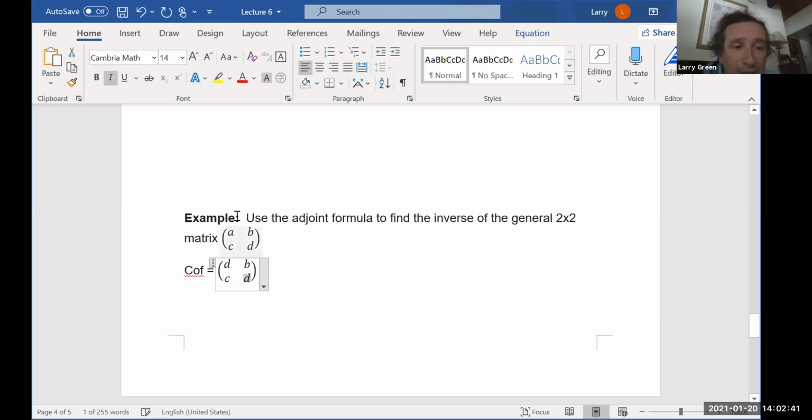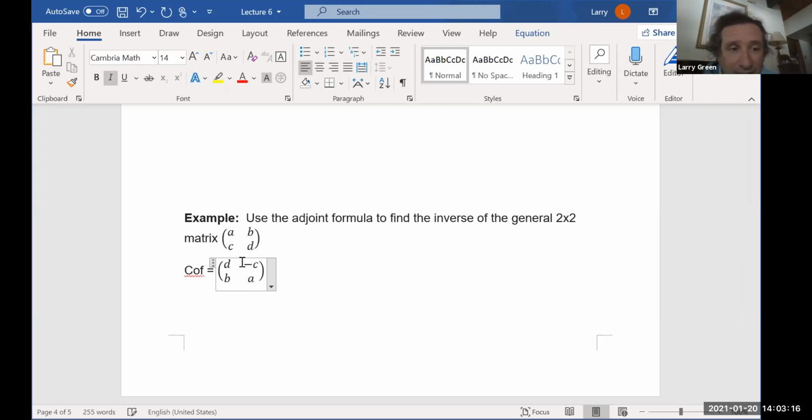And then if we do this B, and we take the cofactor of that, then you get rid of this row and this column, and you're left with C. Then over here, if we get rid of the C's row and column, you're left with B. And if you get rid of D's row and column, you're left with A. But then notice for this guy, -1 to the 1 plus 0 is -1.